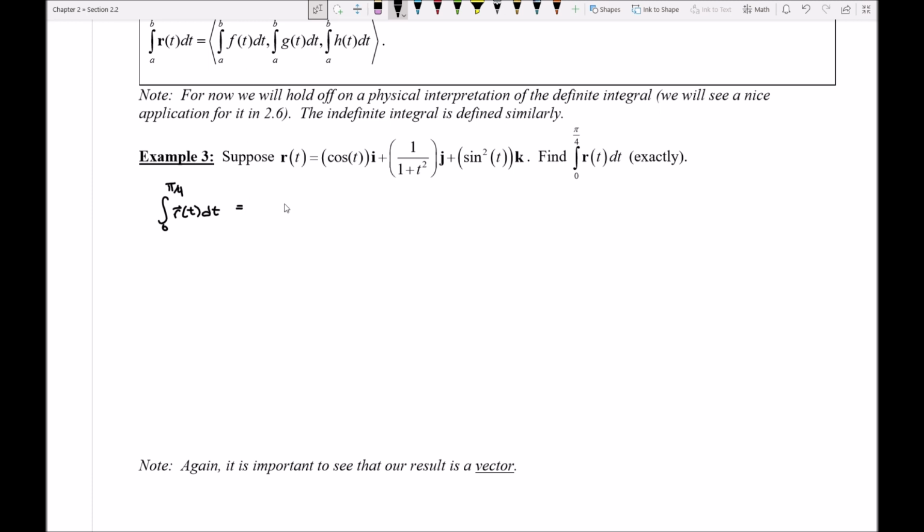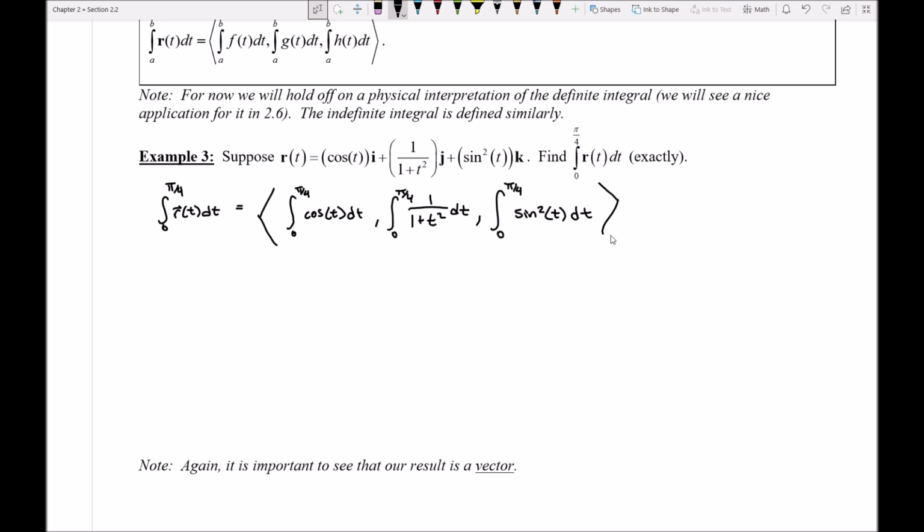According to the definition up above, I have to set up 3 individual integrals: one for my cosine of t, one for this 1 over 1 plus t squared, and finally, one for this sine squared of t dt.